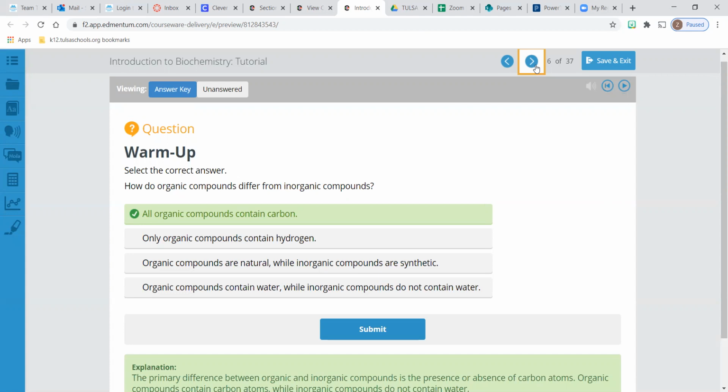Yes, aliens may exist out in the universe somewhere, and it could be based on an element other than carbon. But here, life as we know it, all organic compounds, are based on carbon.